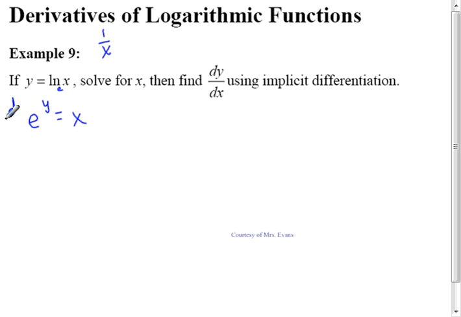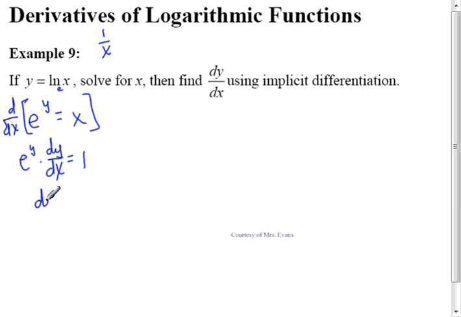Alright, so we're going to take the derivative of both sides of this. The derivative of e to the y is e to the y times dy dx, and the derivative of x is simply 1.